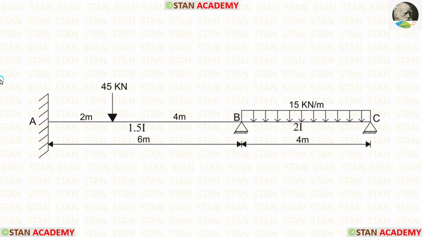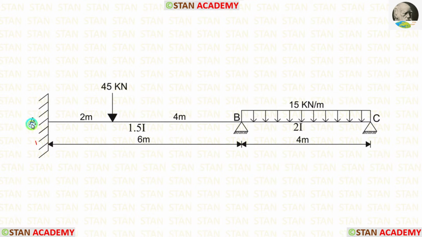In this beam, there are two spans, span AB and span BC. In the span AB, there is a point load 45 kN acting at 2 meter from the point A. In the span BC, we are having UDL 15 kN per meter acting for the full span.